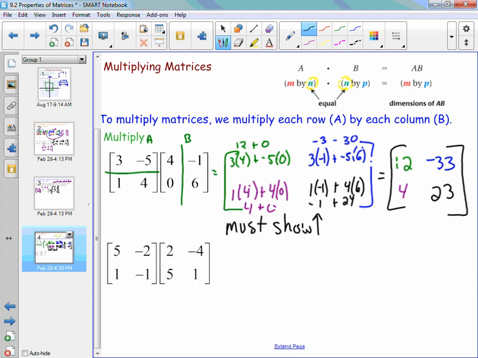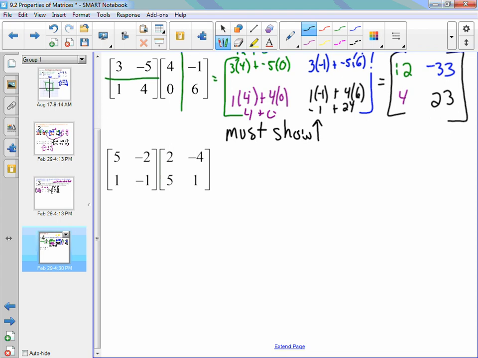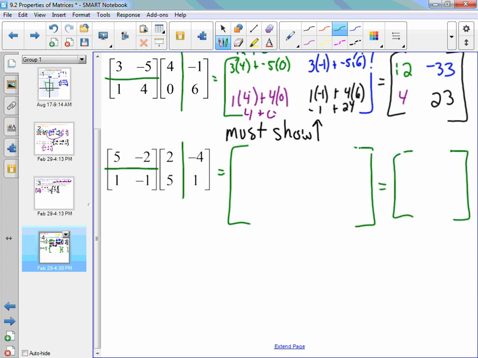All right, here is another example. I'd like you to try this example on your own. All right, so again, we are going to multiply row 1 by column 1.